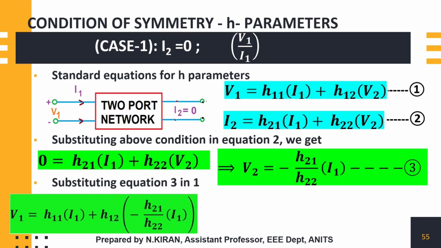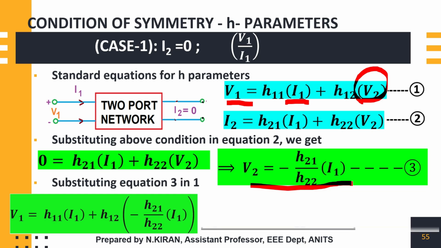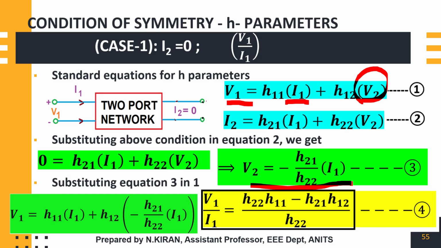Now since my objective is to find V1 by I1, I have to eliminate V2. That I can eliminate by using this expression, that is V2 is equal to minus H21 by H22 into I1. Substituting this in the first equation, I'll get the desired ratio V1 by I1 to be delta H by H22.